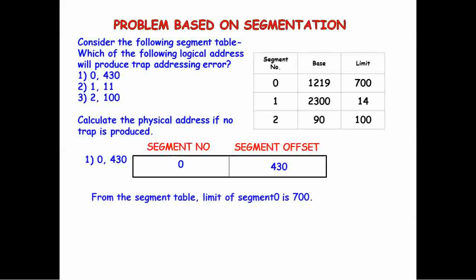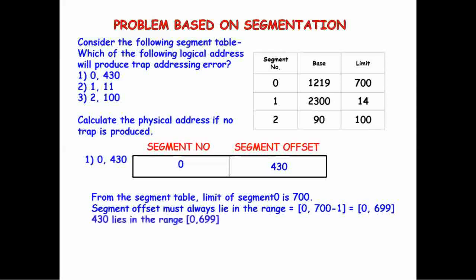So here we have taken the limit of segment 0 as 700. The segment offset must always lie in the range 0 to limit minus 1. So already we know that the limit is 700. So 700 minus 1 will be 699. Hence the segment size must always lie in the range 0 to 699.